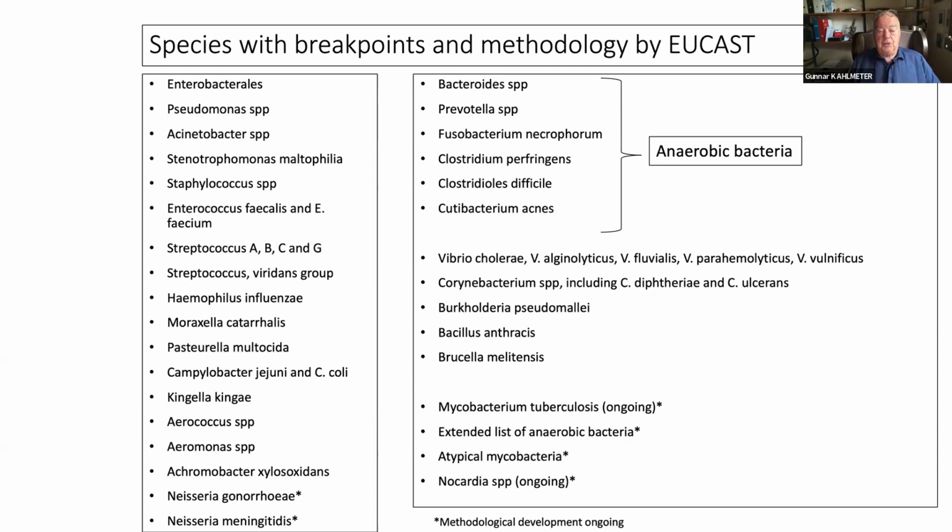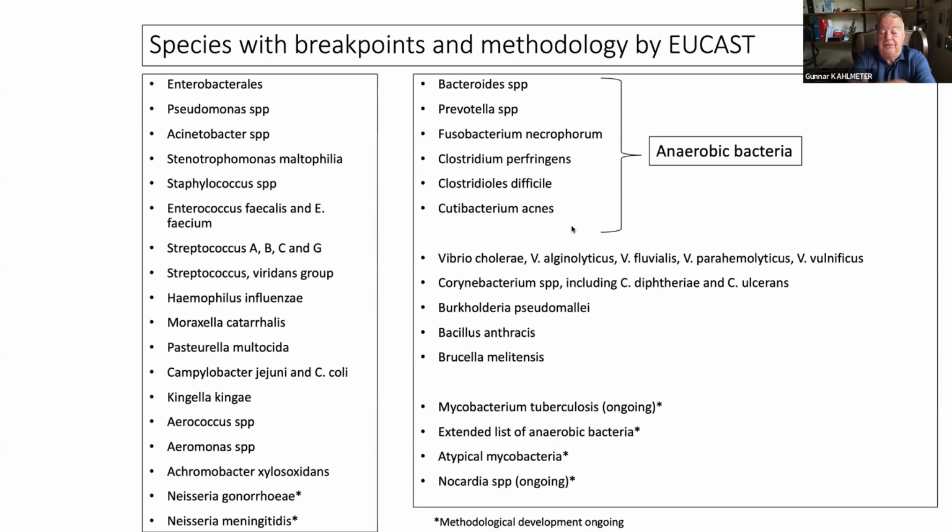We have dealt with those 6 listed here, and we're currently dealing with another 6 more, and they will be available during 2025. We recently dealt with Vibrios, we dealt with Corynebacteria, Corynebacterium diphtheriae and ulcerans.